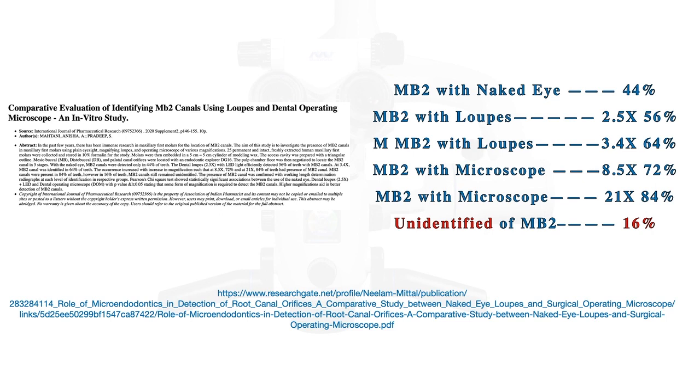So still the unidentified cases of MB2 are huge, which is 16% according to this research. I believe this is true and this is fact, because many cases are referred to me, and they have maybe 5 or sometimes 10 years of experience in dentistry, and still they missed the MB2.